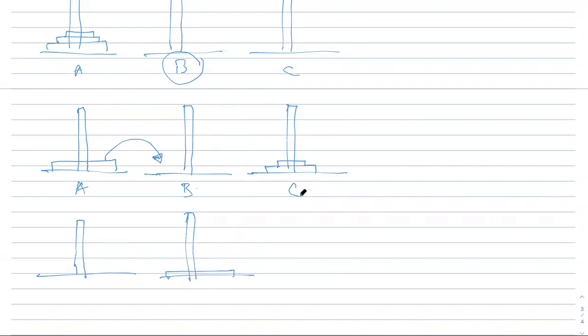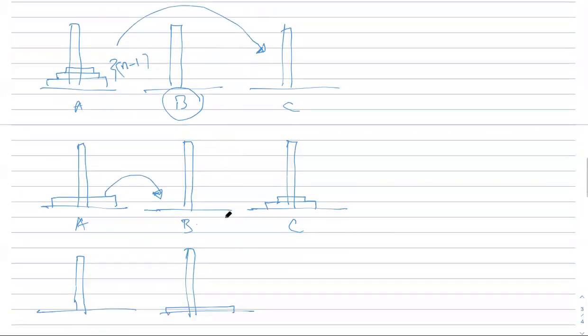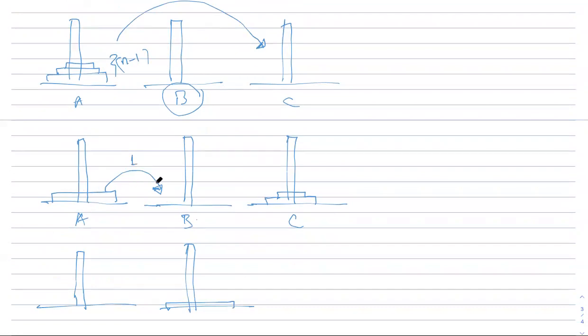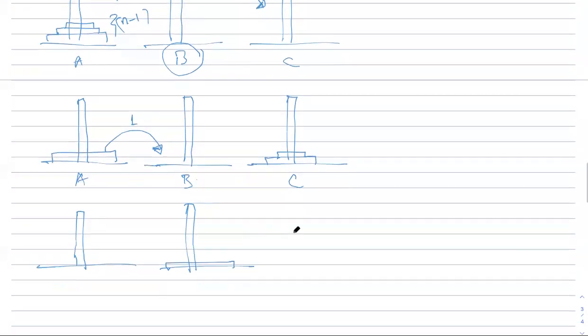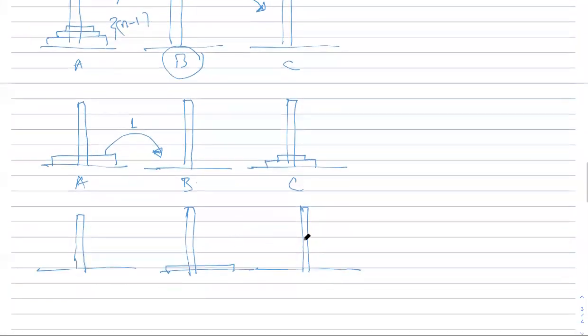So the first step was that we moved 2 of these, so here n minus 1, to the peg C. And then we moved the remaining one to B. If we know how to move n minus 1 from here to here, we can also move these, which are also n minus 1.